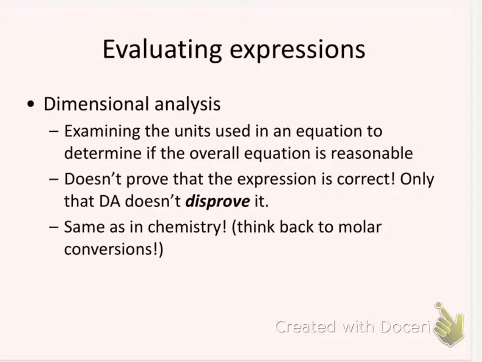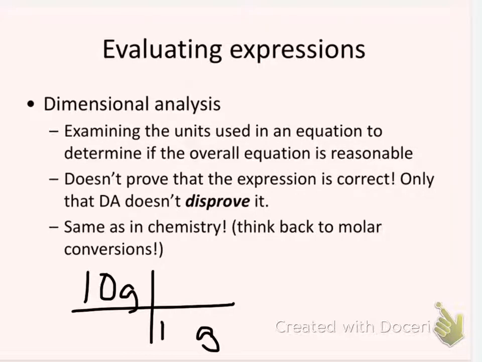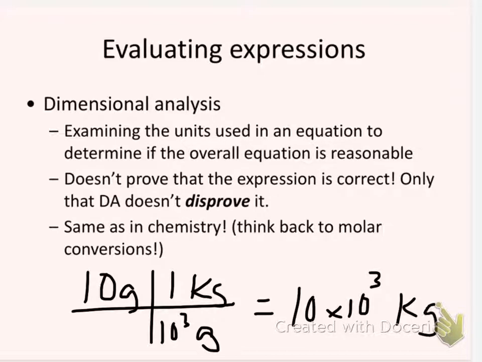Because like I said, you all know that if I take 10 grams divided by, or let's see, 10 to the third, a kilogram, I have units that cancel, and I have units that multiply.